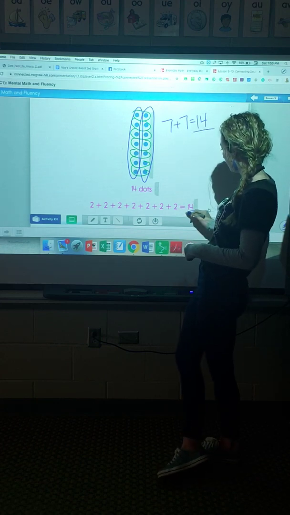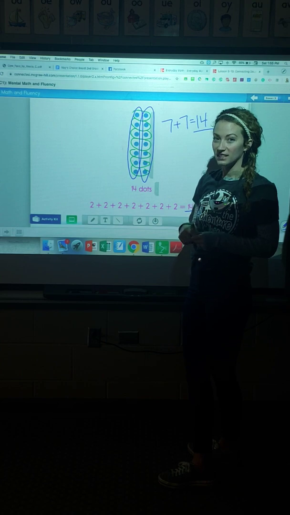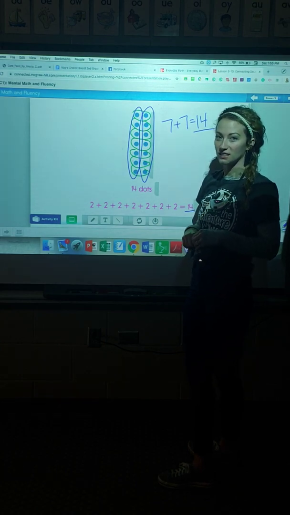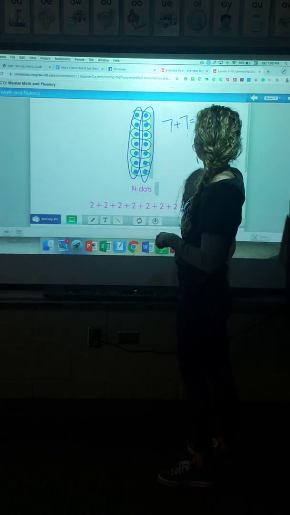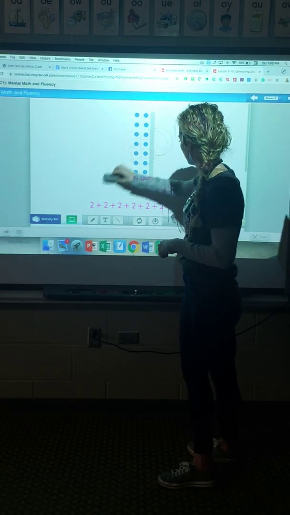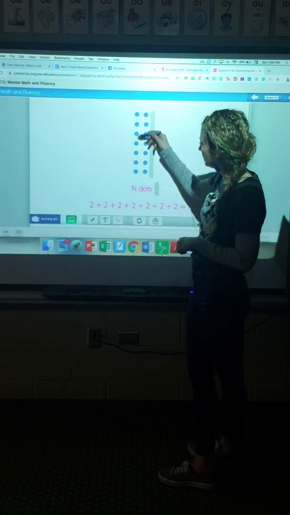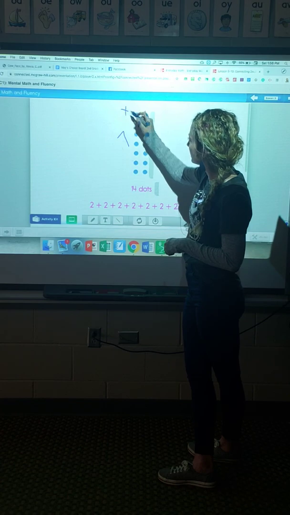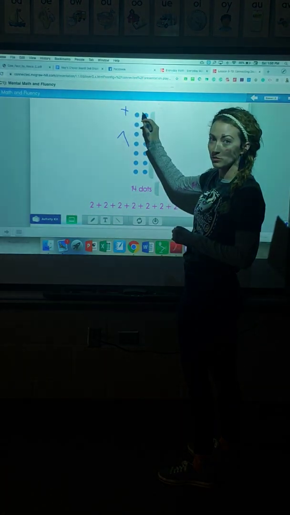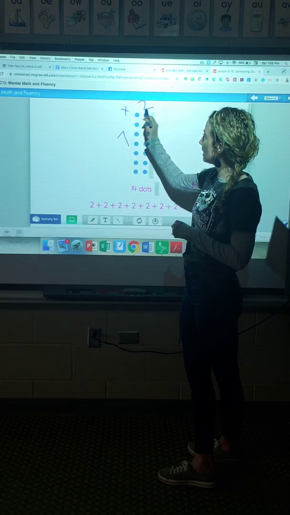So 14 and 14. Does anybody know the multiplication that goes along with this? I'll let you guys think about it as I erase. So the multiplication fact would be how many you have, which is 7, times how many are in each row, which is 2. So 7 times 2.